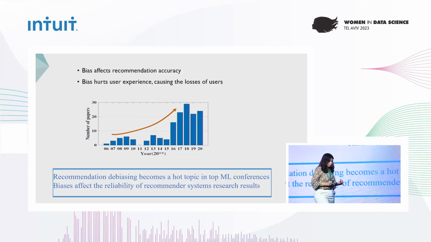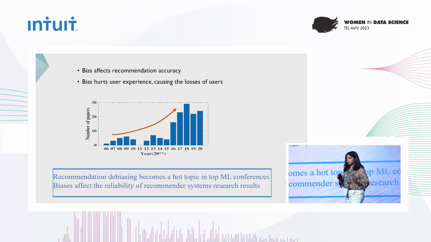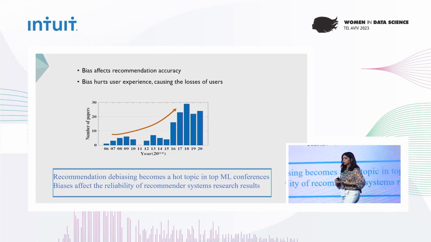So the research community and industry are very concerned about biases, because when we have biases offline, we cannot be sure that our algorithms would really perform well online, or in the same way.